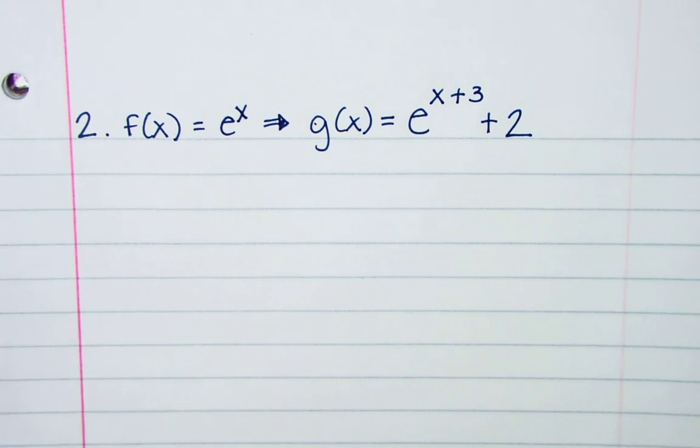Write it clearly so you can clearly see what's in the exponent and what's not. If you write sloppy, it's going to be confusing. I try to write really clear to help you guys and because it helps me.